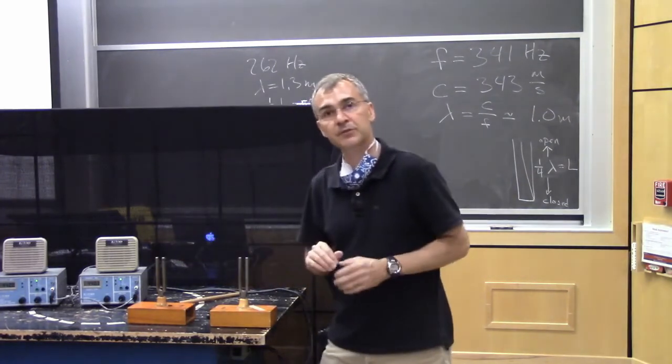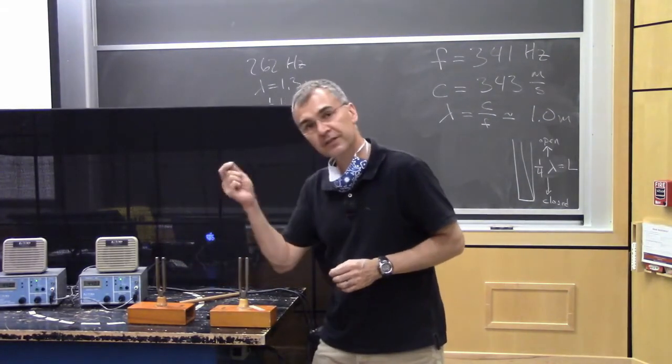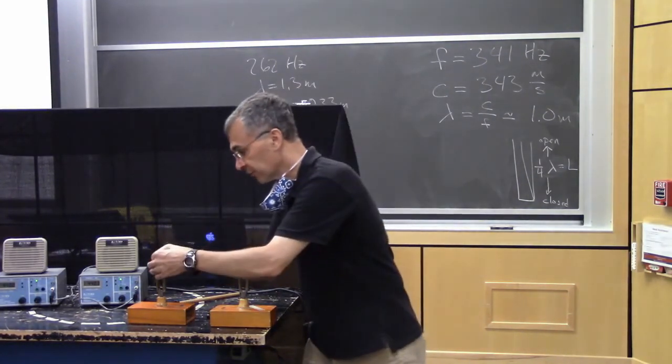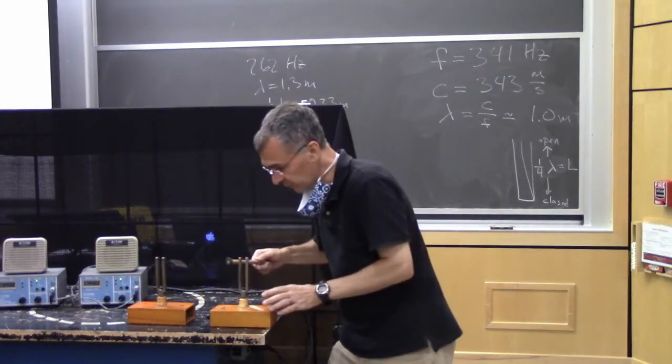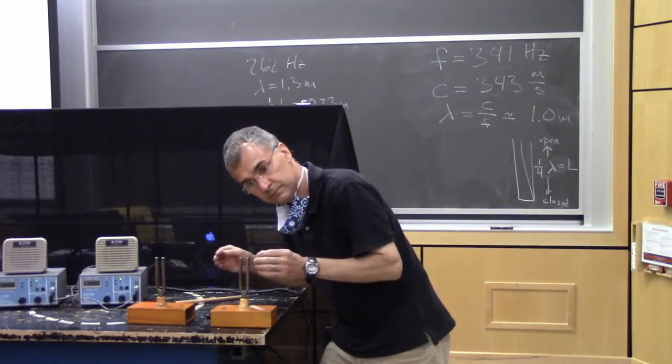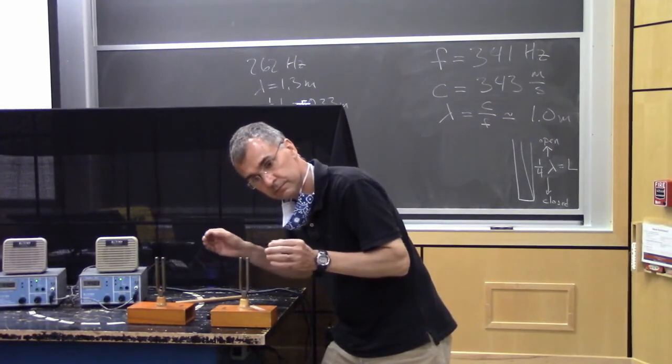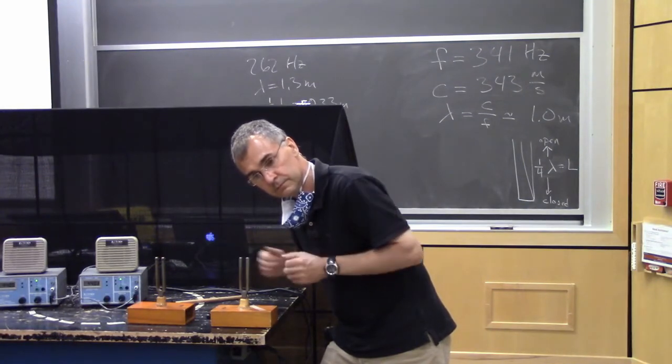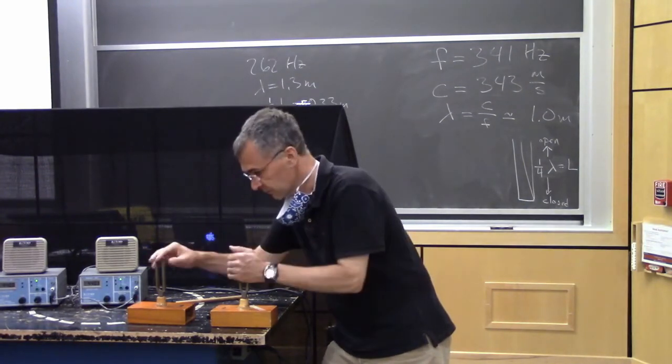And I can make that even a little more obvious by adding a second rubber band, so we'll add a little bit more inertia to this one. So now we'll get this one going and get this one going. Let's do that again.